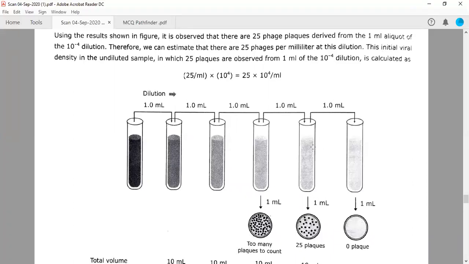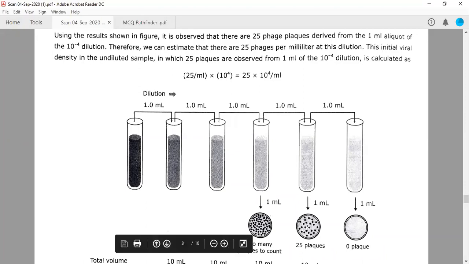So at least you need to take that particular plate into count, in which you are easily able to count the number of plaques. For example, here you are able to see they are separated, means you are able to see the clear differences and clear distance between the plaques. And that's how, once you are able to count the number of plaques, you will multiply by this dilution factor, which is taken into account.